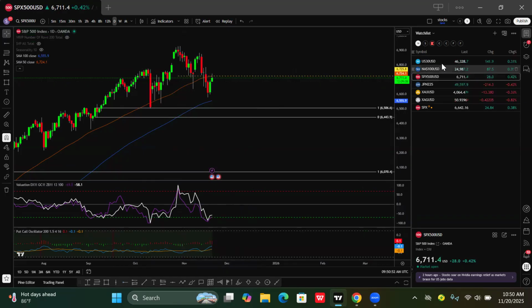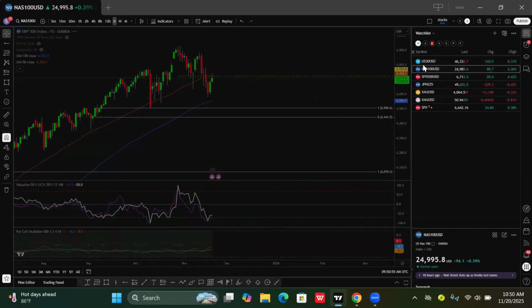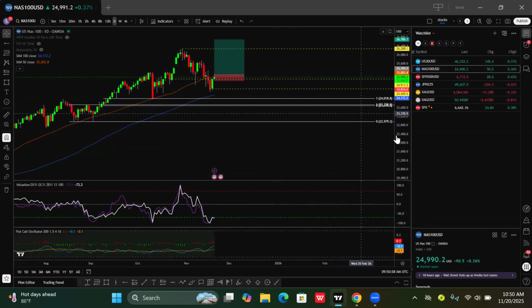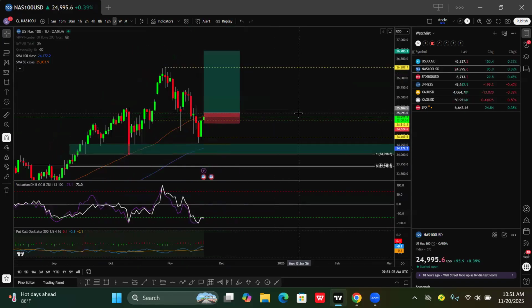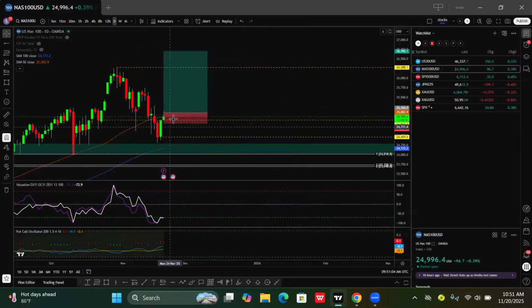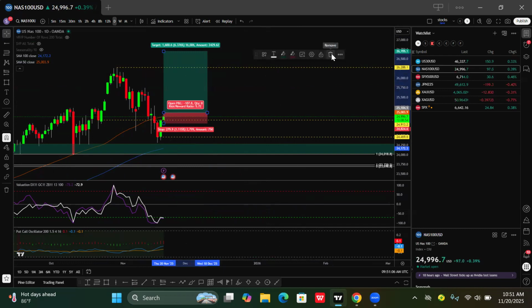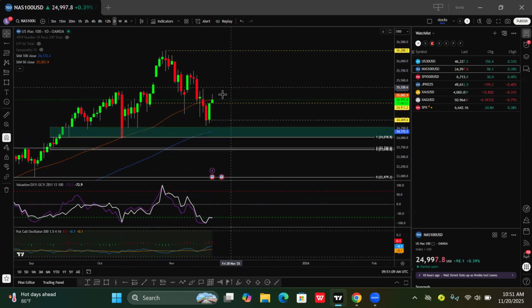And I think I already have a position on the Nasdaq. The Nasdaq is currently still trading around the 50-day moving average. So if we close above the average, I am going to look for a buy in this market. Okay, that's it for the stock.